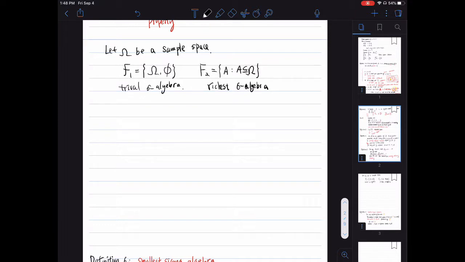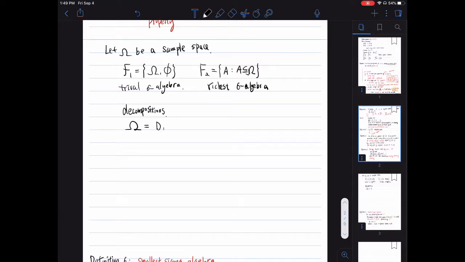But we need to find a sigma algebra that's not so trivial, but is also, in some sense, presentable. One way to construct such a sigma algebra is applying the idea of decomposition. We're splitting the sample space into disjoint sets.